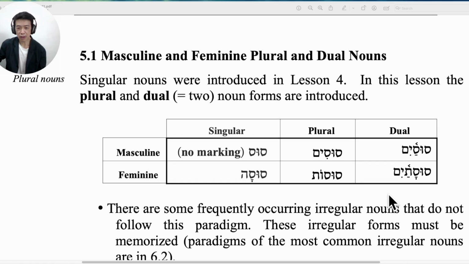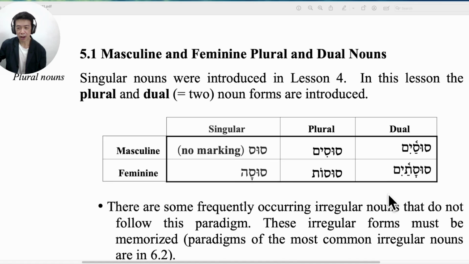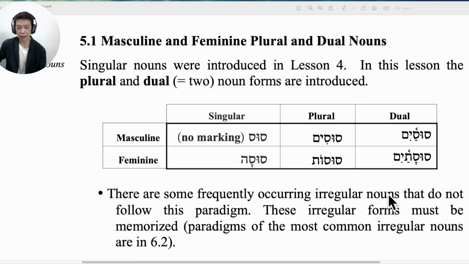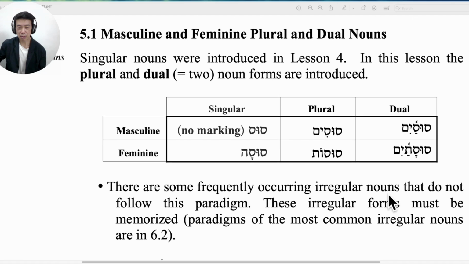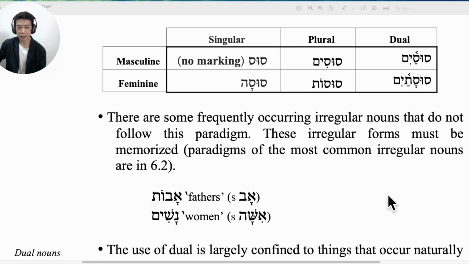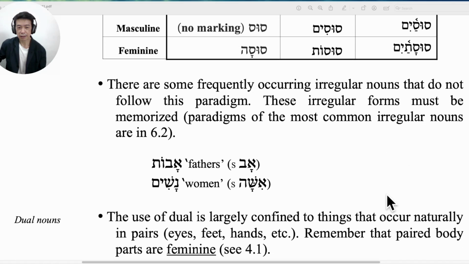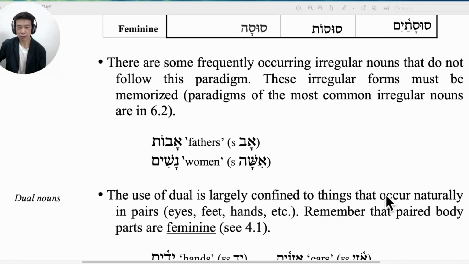There are some frequently occurring irregular nouns that do not follow this paradigm. These irregular forms must be memorized. For instance, the word fathers. In singular form, father is av.